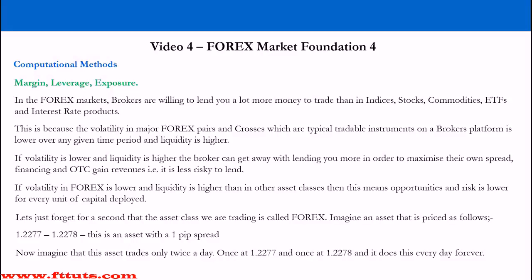And you've got to ask yourself the question, if volatility is lower and liquidity is higher, then it's pretty obvious that the broker has less risk, especially if they're taking the other side. So they can get away with lending you more in order to maximize their own spread. So the bigger you trade, the more they get paid on the spread.